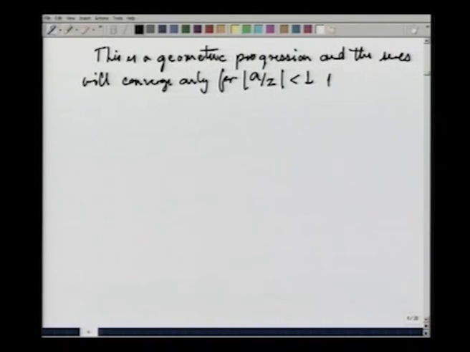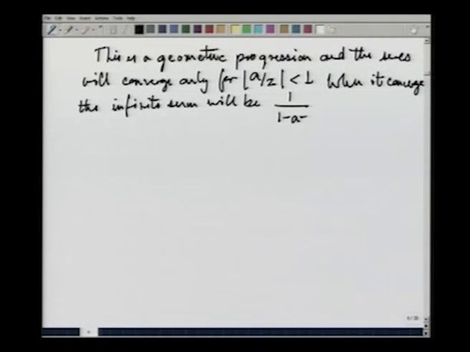When it converges, the infinite sum will be 1 by 1 minus a z inverse, which is nothing but z by z minus a, or 1 by 1 minus a by z. This is what we have.